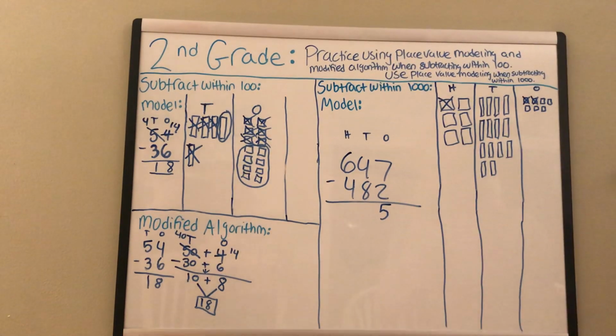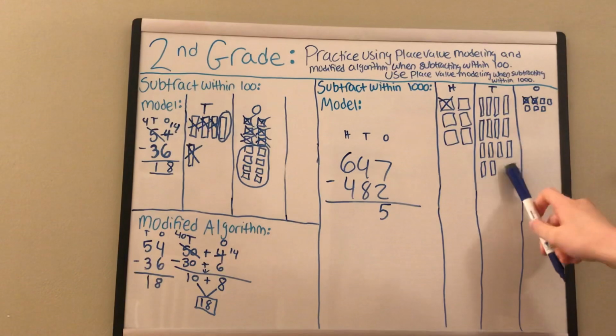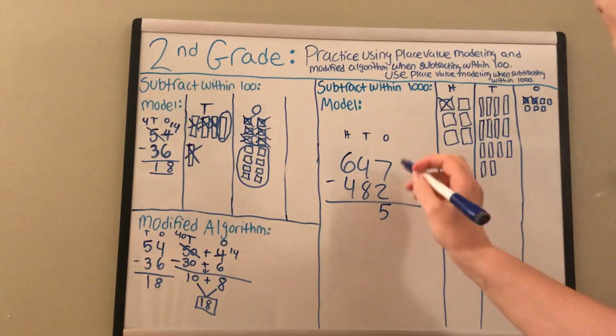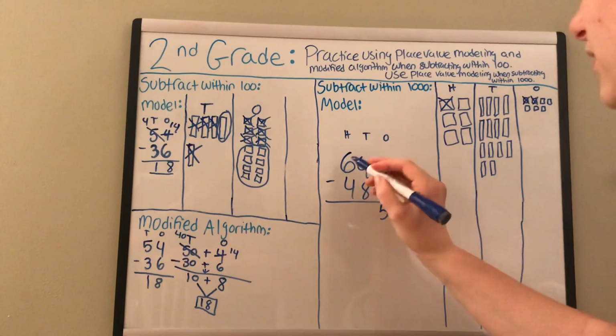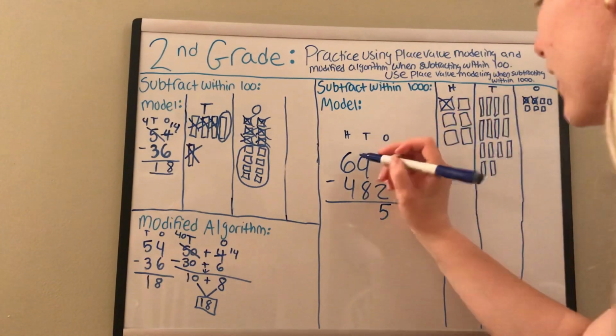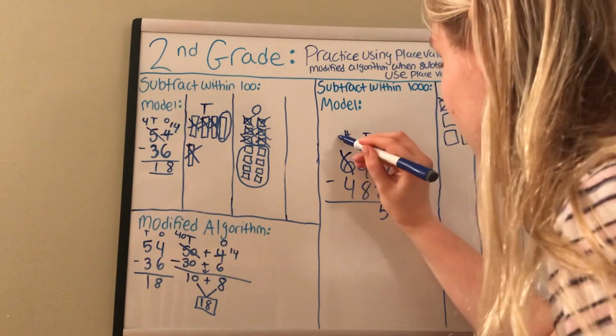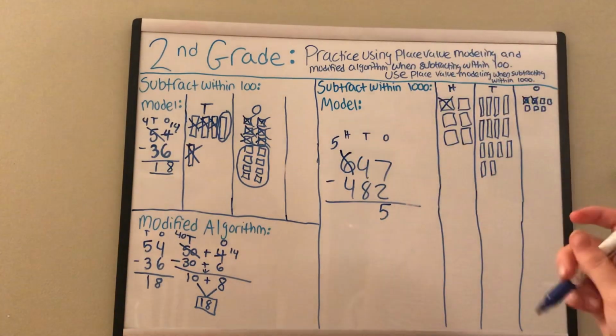All right, now that we have our 10 tens, we would go over here and do the same thing in our equation. So we took away one of the hundreds, so we cross out the 6 and this becomes a 5 because we took away 100.